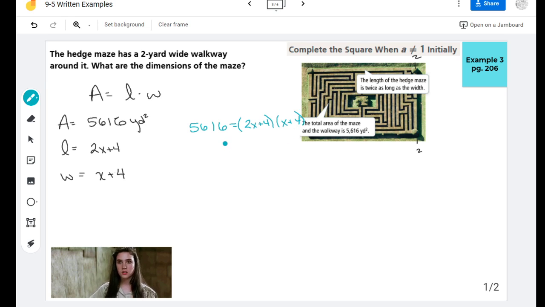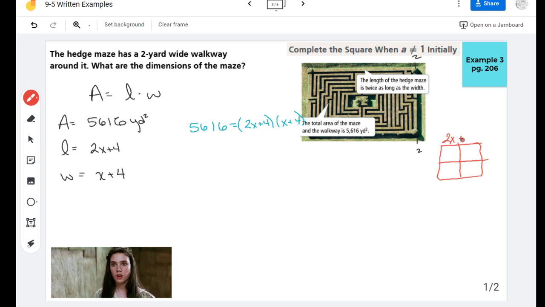And so my goal now is to calculate it, figure it all out. The first thing I'm going to do here is distribute this part. So I'm going to go to the side real quick and probably use the box method to multiply those together.